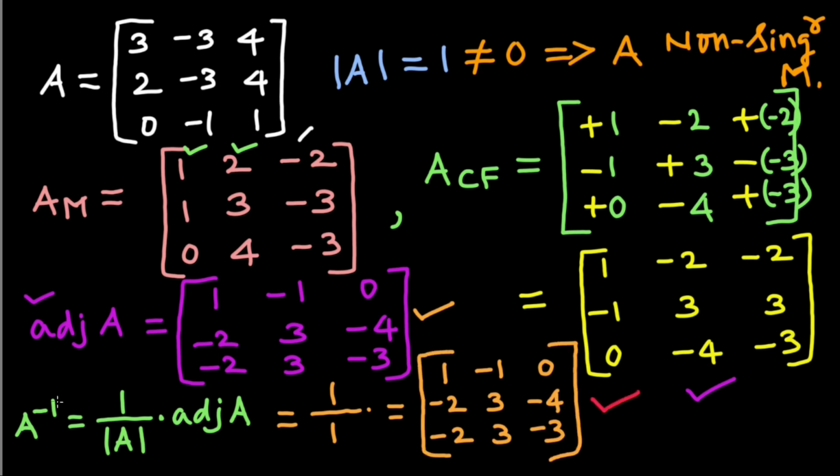So this is the inverse of the 3 by 3 matrix A.